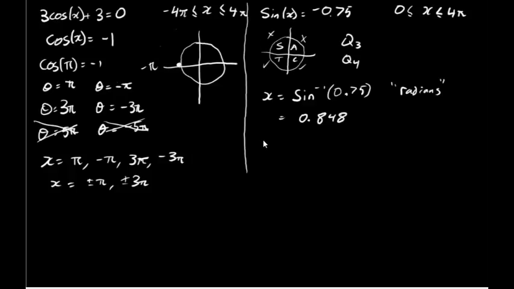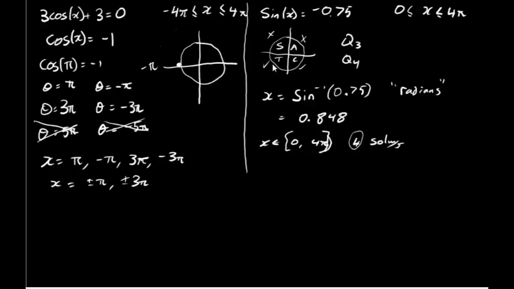Now, since we've got x in between 0 and 4 pi, it means we'll have 4 solutions. Because we're between 0 and 2 pi, we get 2 solutions. Another rotation, we'll get another 2 solutions, so we get 4.